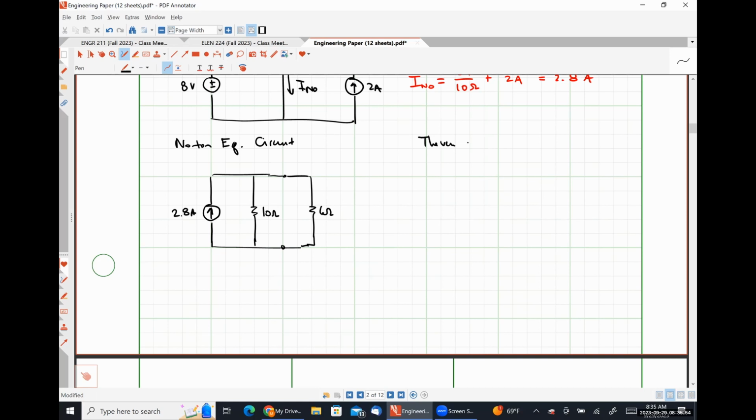Over here to the right is our Thevenin equivalent circuit. So I'm just going to redraw that really quickly.